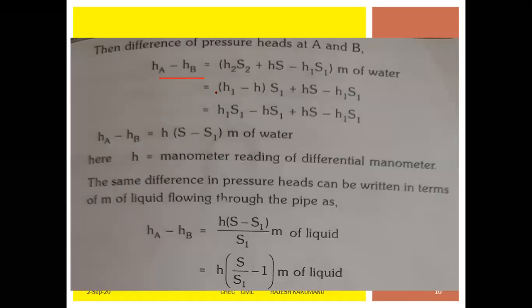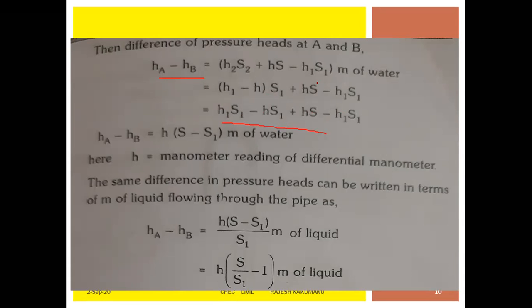Now that implies H1 minus H, in brackets we are having S1 plus HS minus H1S1. That implies H1S1 minus HS1 plus HS minus H2S1. So after deriving, we get H1 into S1 minus H into S1 plus HS minus H1S1.